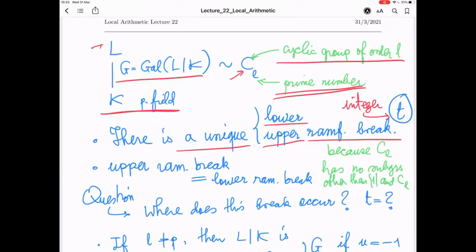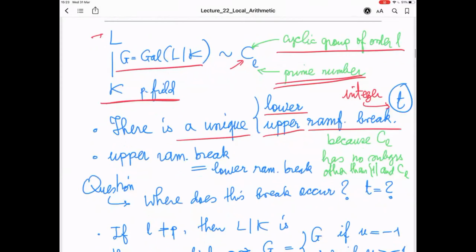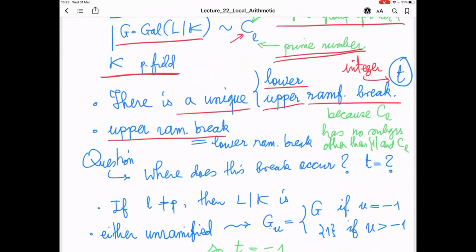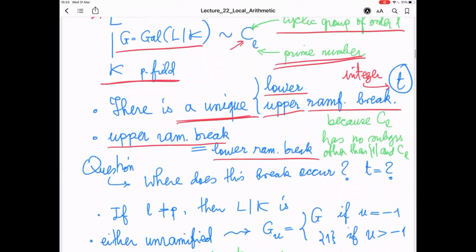And in fact, the upper ramification break is going to be the same as the lower ramification break. Why is there a unique ramification break? Because the only subgroup is either trivial or the whole of G, because it's cyclic of prime degree. It has no non-trivial proper subgroups.